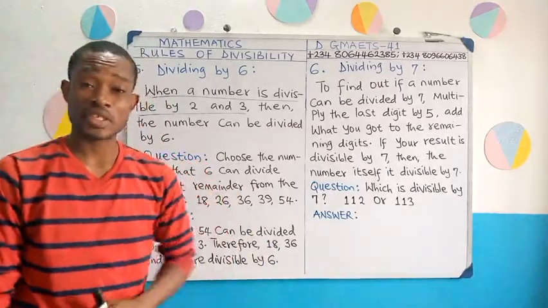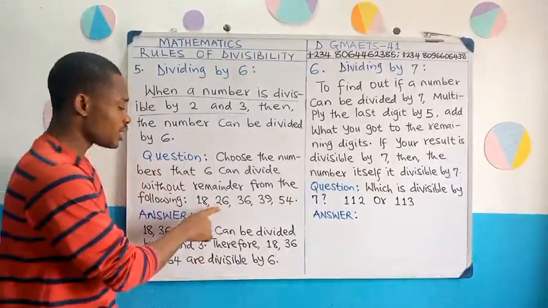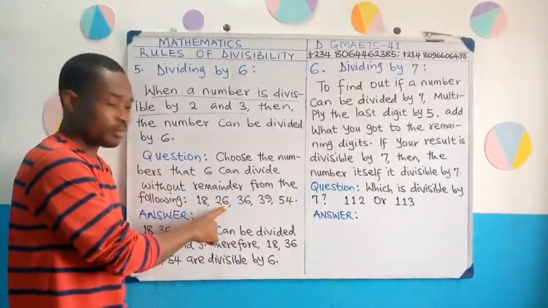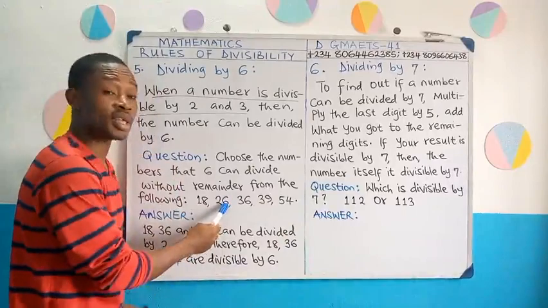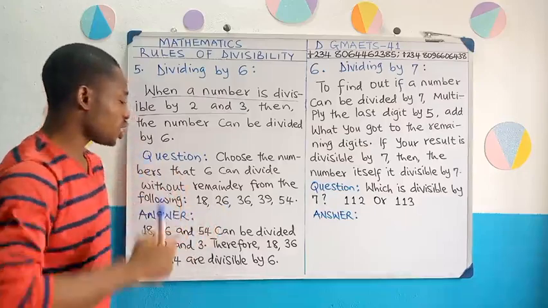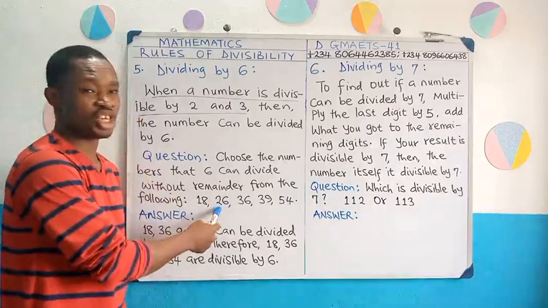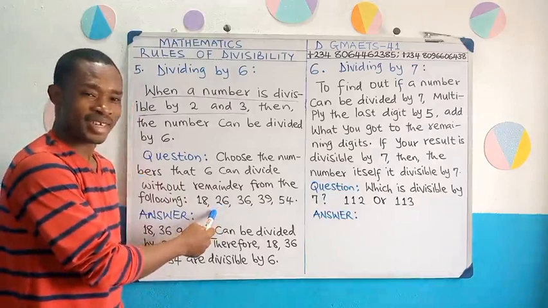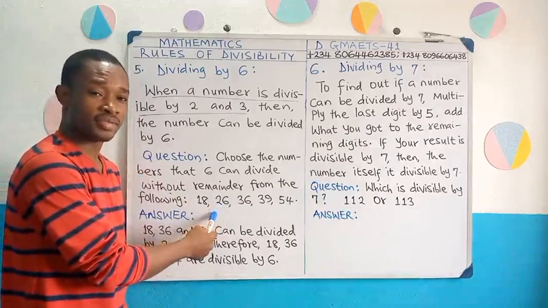Let's move on to 26. Can 6 divide 26? Let's find out. 2 can divide it because the last digit in 26 is an even number, 6. So 2 can divide 26. Alright, let's check for 3. Can 3 divide 26? No. Why did I say no? Let's go to the rule of dividing by 3.